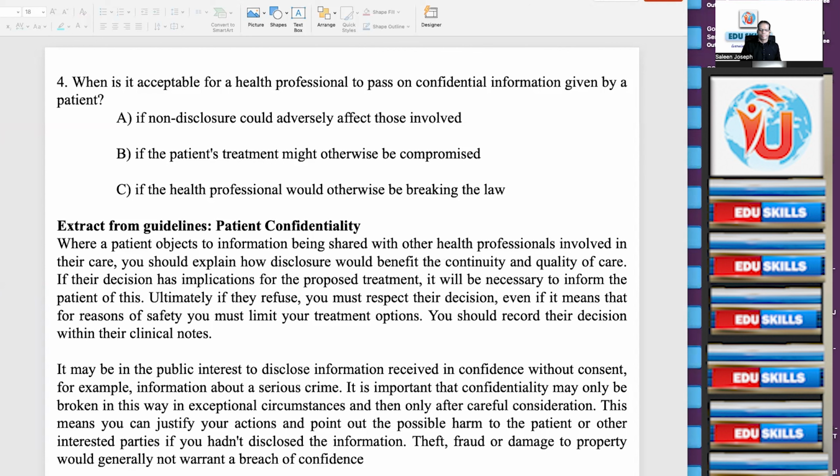It may be in the public interest to disclose information received in confidence without consent, for example, information about a serious crime. It is important that confidentiality may only be broken in this way in exceptional circumstances and then only after careful consideration. This means you can justify your actions and point out the possible harm to the patient or other interested parties if you hadn't disclosed the information. Theft, fraud or damage to property would generally not warrant a breach of confidence.